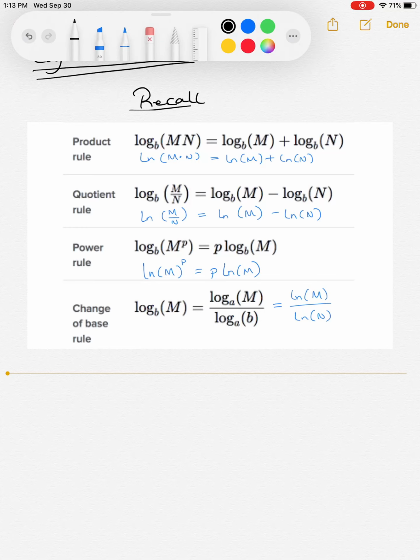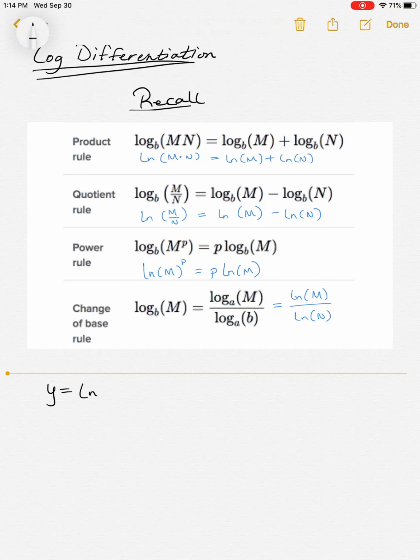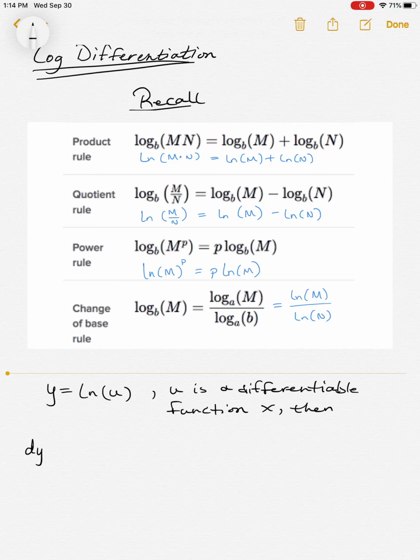Let's say y equals the natural log of u, and u is a differentiable function of x, then dy/dx is equal to 1 over u times the derivative of u with respect to x, because we have to throw in that chain rule.